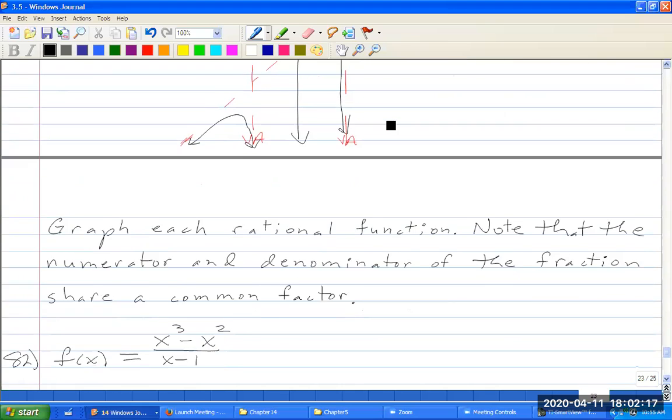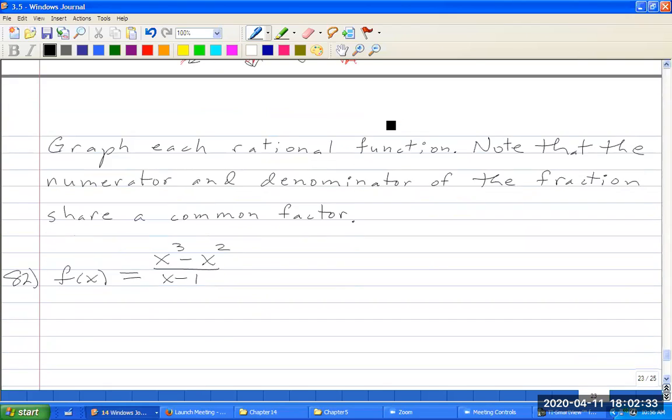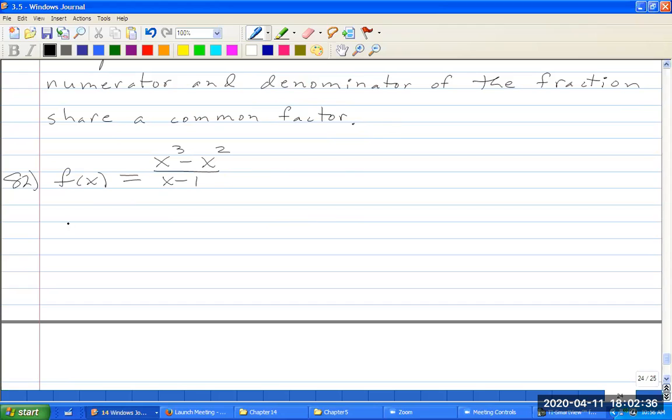Okay, let's do problem number 82. Graph each rational function. Note the numerator and denominator of the fraction share a common factor. Oh, which means there's going to be a hole. So first, factor, x squared.